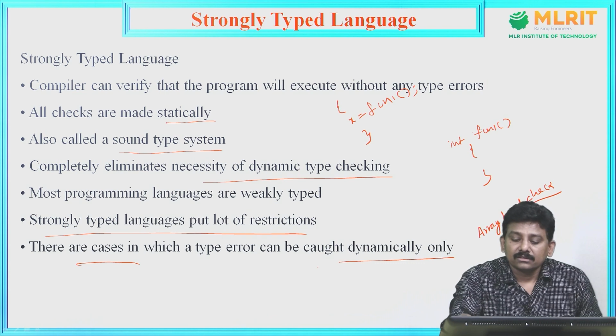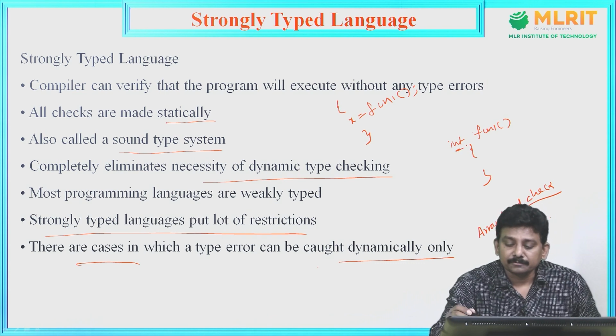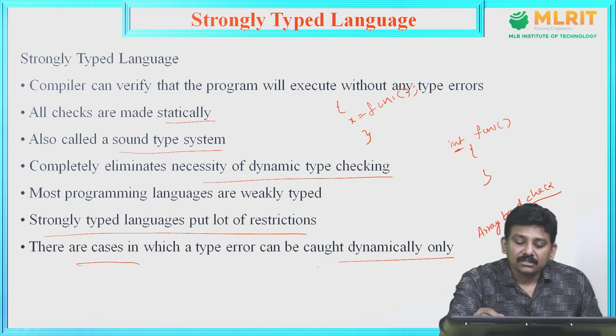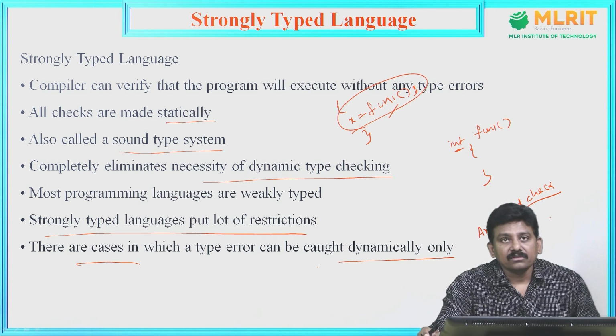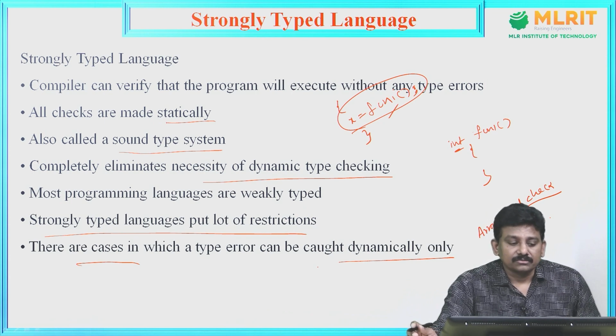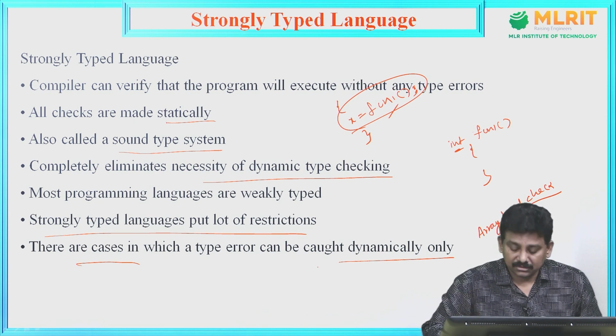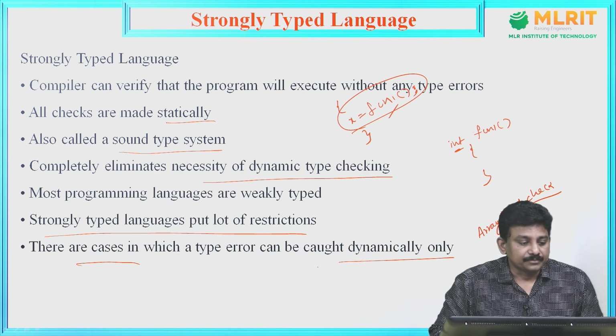But here the function is of type integer, the return type is integer. At this point of time we don't know the type of function 1. So these are the restrictions put by strongly typed languages. The compiler developer has to understand this point.